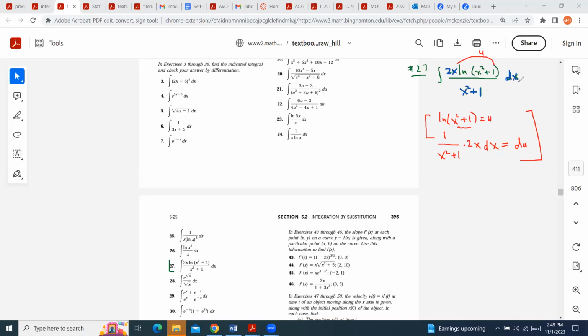But here we don't really worry about this. We just notice that everything I try to highlight in blue is going to be called du. So du will be absorbing everything except for that part that we called dx, except for ln.